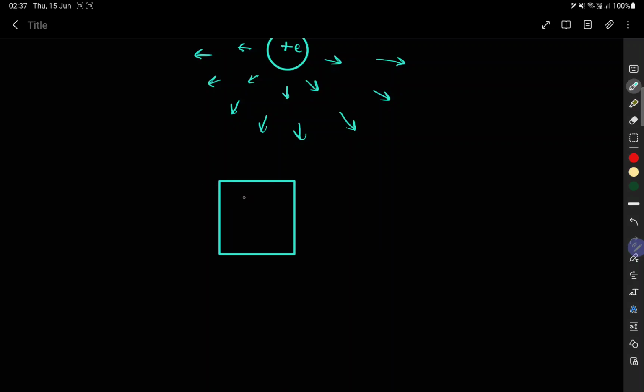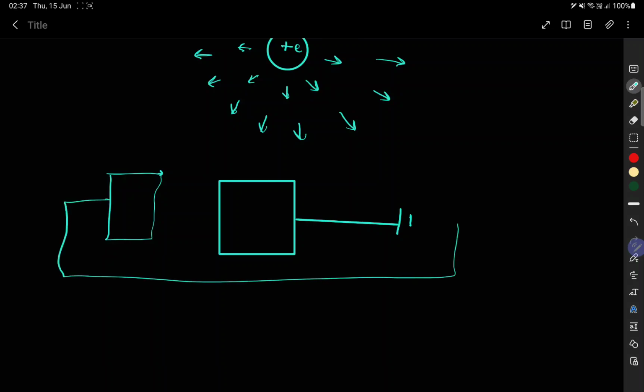Alright, now let's say you have some battery connected here that is making it so that these two plates have charges flowing through them.